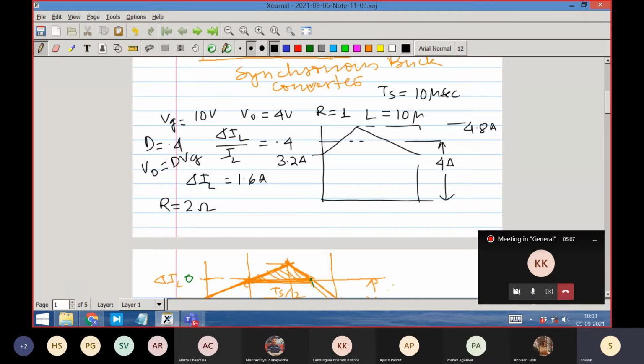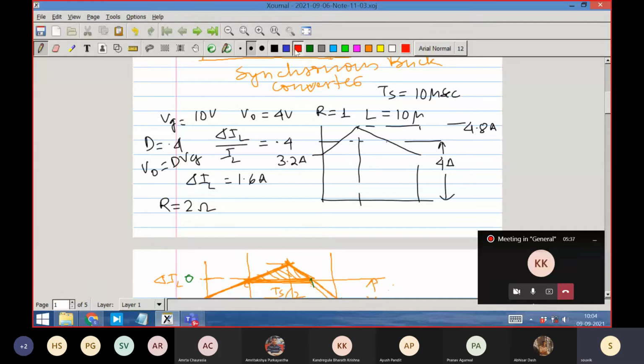Will the output voltage be different? No, sir, same. You have observed that the output voltage will be the same. But the current will be different, because I naught is equal to V naught by R. With R equal to 2 ohm, the average current has to be 2 ampere.